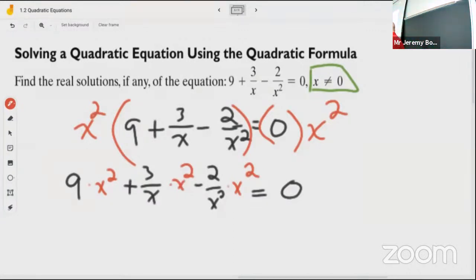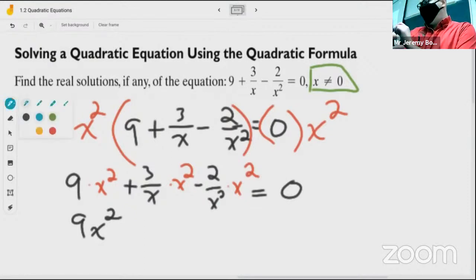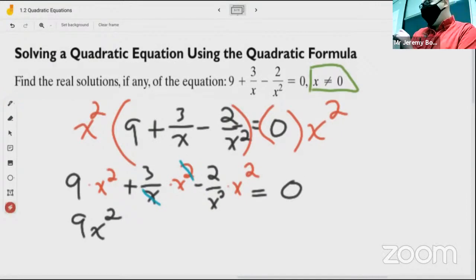All right, so let's talk about the 9 times the x squared. Can't reduce anything there. It's just 9 times x squared, which is going to be 9x squared. The 3 over x times x squared. This x will reduce with one of these, but we're still going to have 3 times x left, which is going to result in 3x.